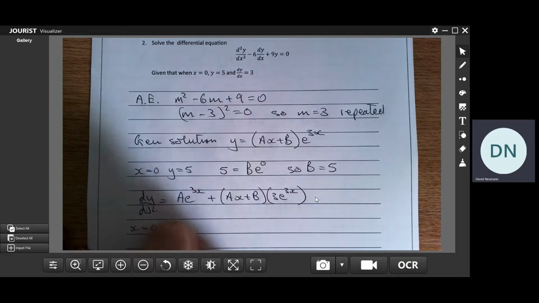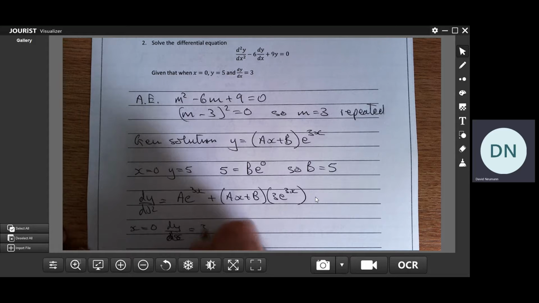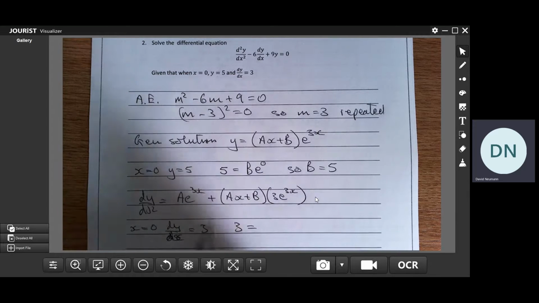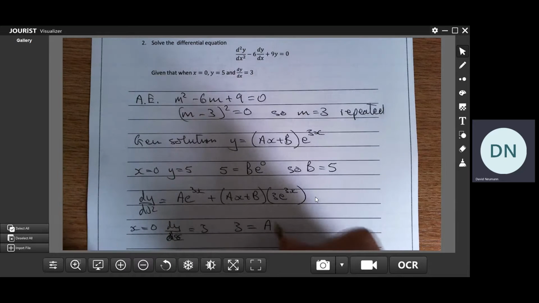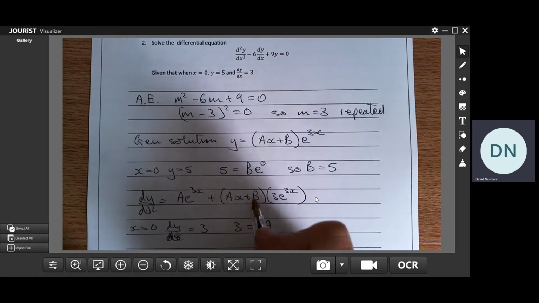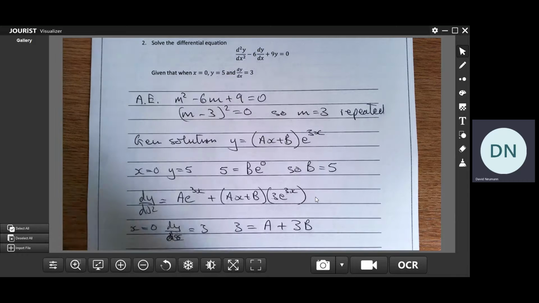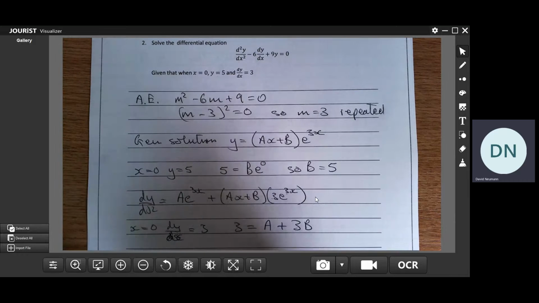At x equals 0, dy by dx is equal to 3. So 3 is equal to, well, if we put 0 in there, we're going to get a e to the 0. If we put 0 in there, we're going to get b times 3e to the 0, so plus 3b. We already know what b is, so we've got 3 is equal to a plus 15. So a is equal to minus 12.